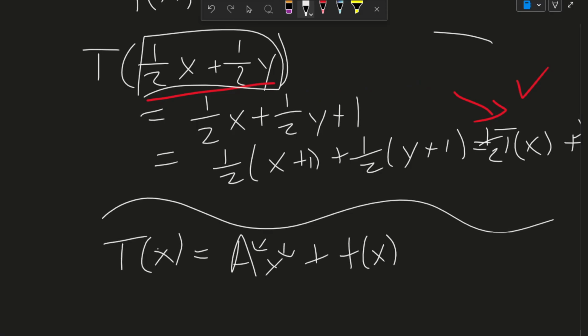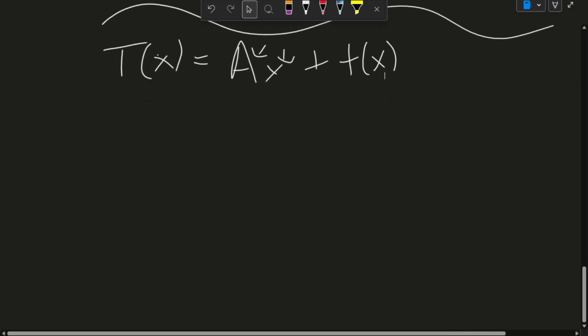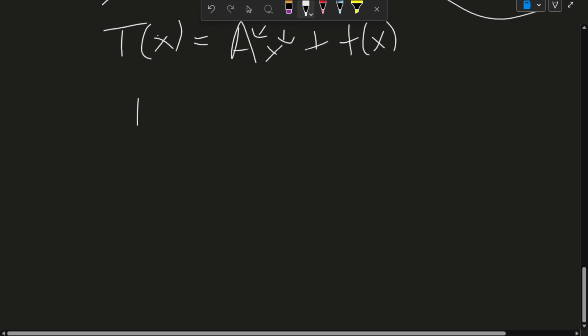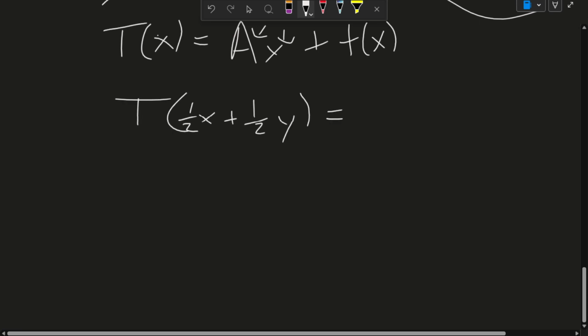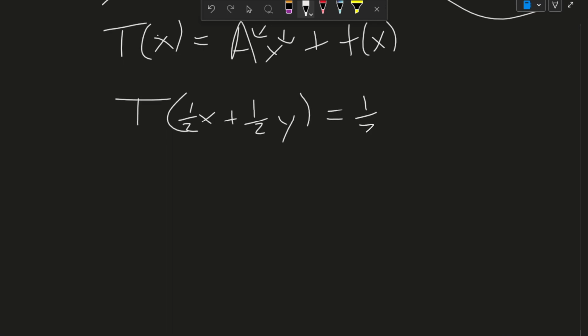This is just some function of x. Well, again, if we do t of 1/2 x plus 1/2 y, this is going to be equal to, if I work it out, 1/2 ax plus 1/2 ay, because the linear part distributes, plus t of 1/2 x plus 1/2 y.